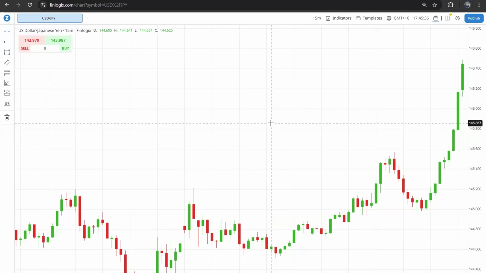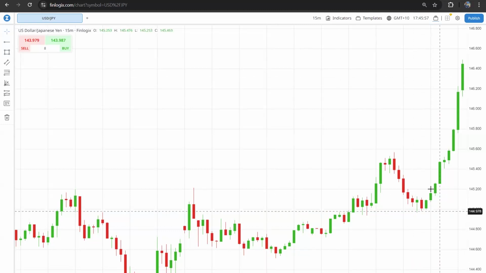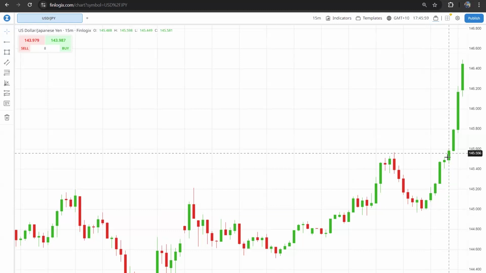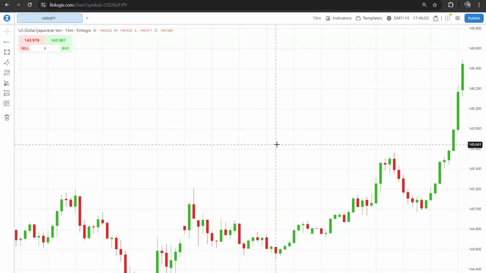And the reason is because at this time, exactly at this time, when you see the candles going up crazily on the 15-minute chart, all the way from 145 down at the bottom here to 146.400, so 140 pips in less than 2 hours and a half.